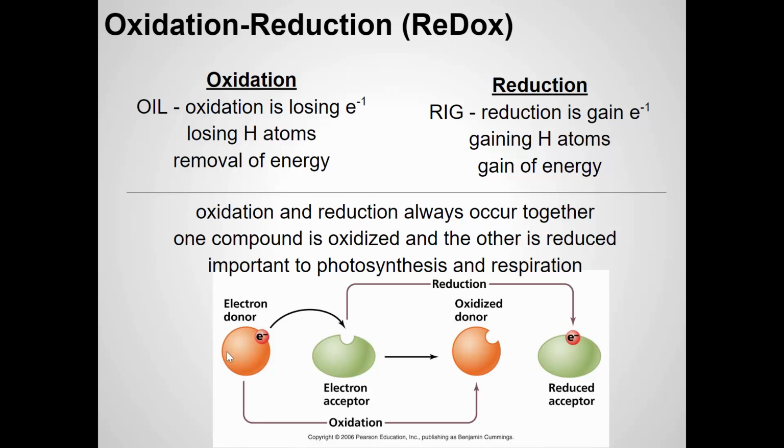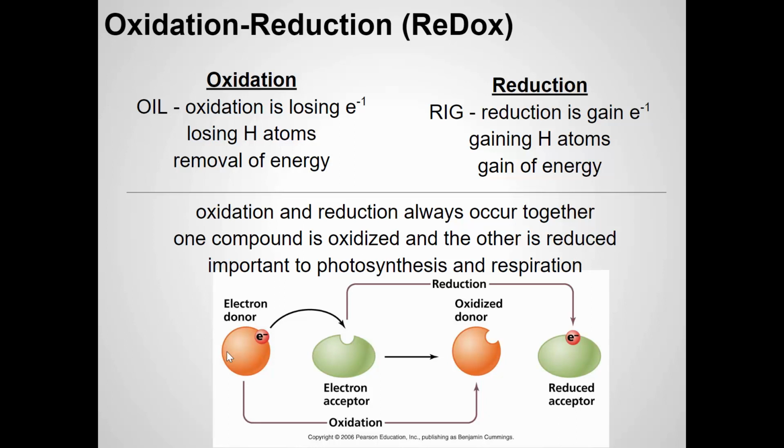We can also understand this as hydrogen, because hydrogen often is bringing electrons with it. So if one molecule gains hydrogen or loses hydrogen, we can think of the same thing. It's been oxidized or reduced. There's a couple ways teachers help students remember this. Remember, OIL RIG: oxidation is a loss of electrons.